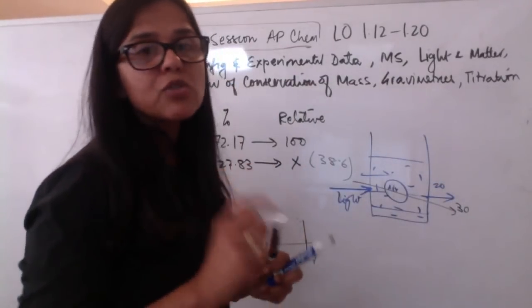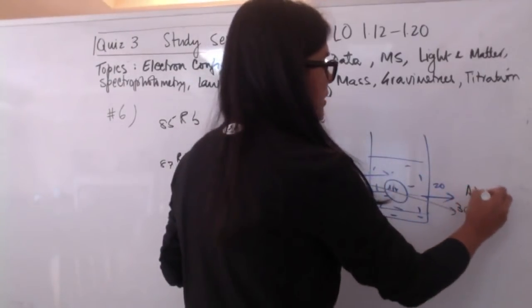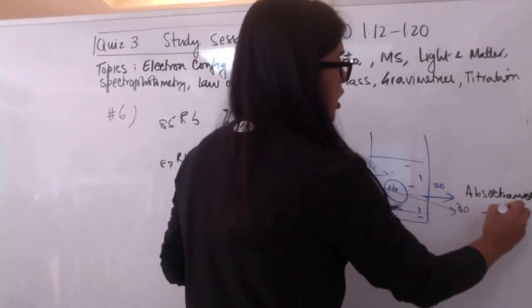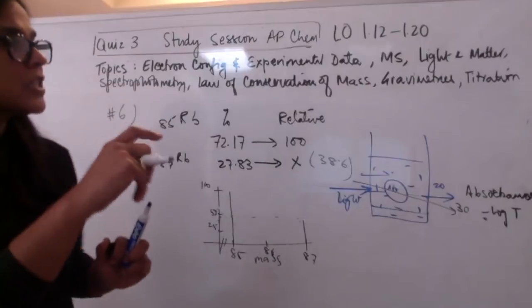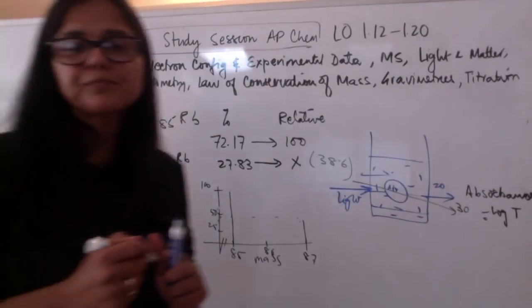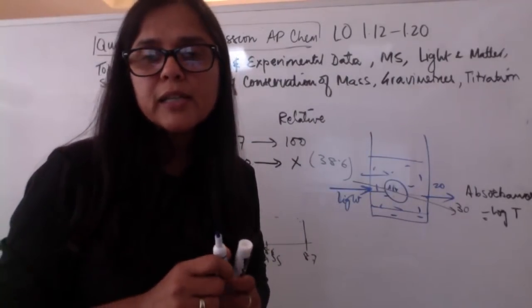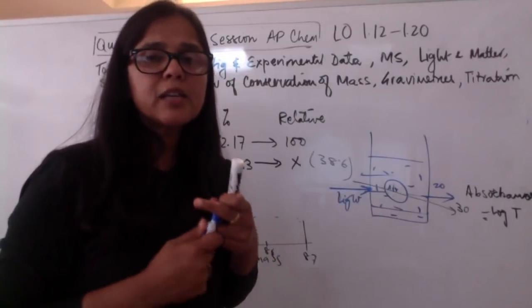You're not measuring transmittance. You're measuring absorbance. Or you're measuring negative log of T. Because of this negative log, if it is more coming out, then your value is higher. All right, Daniel, I see that you got it. Krishna, did I answer your question?